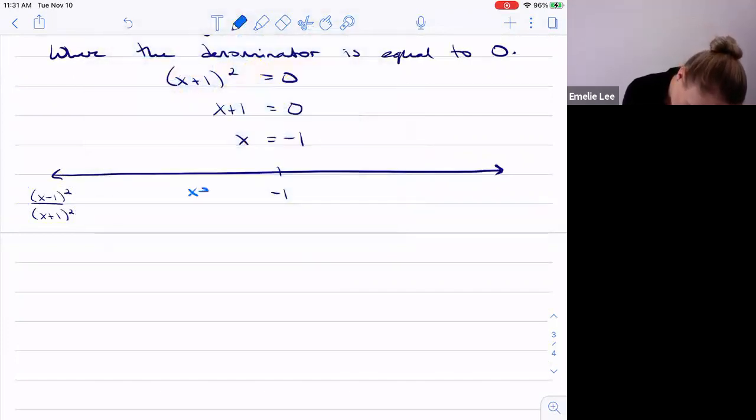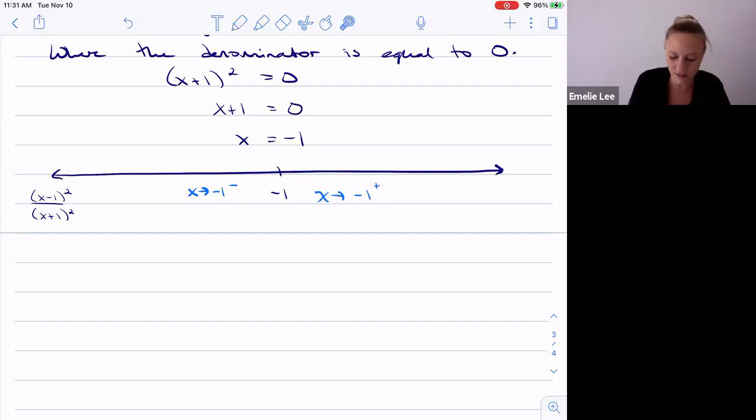Then I pick values as x approaches -1 from the left. Here I'm approaching -1 from the left, and the behavior as I approach from the right might be different. So I also need to do x approaching -1 from the right. Remember this notation where negative means from the left, positive from the right, or from the positive direction and the negative direction.